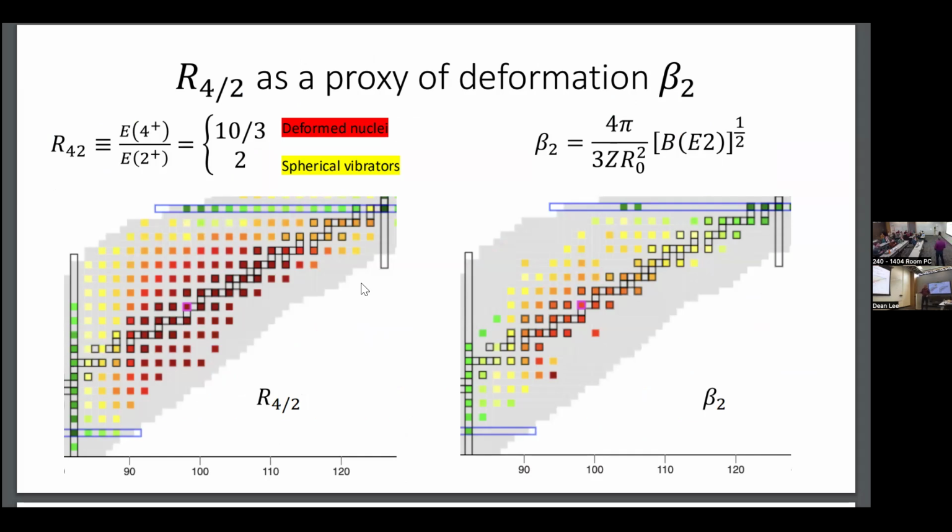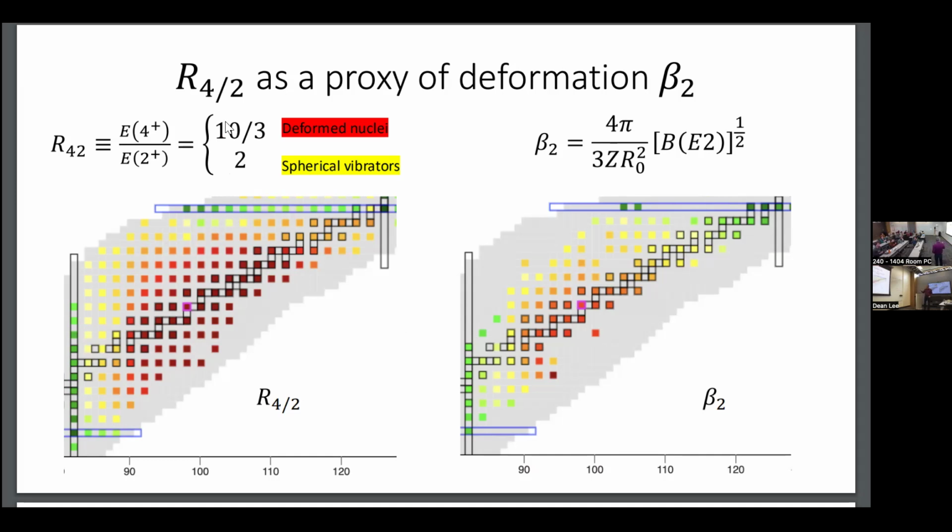We use a simple ratio, the so-called R42 ratio. That's the energy ratio of the excited 4+ state over the 2+ state in even nuclei. If you have a rigid rotor, if this thing would rotate, you get J times J plus 1, so a ratio of 10/3. And for spherical nuclei, you get more of an anharmonic spectrum.